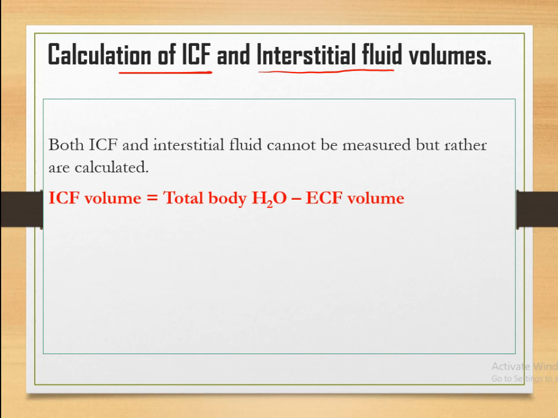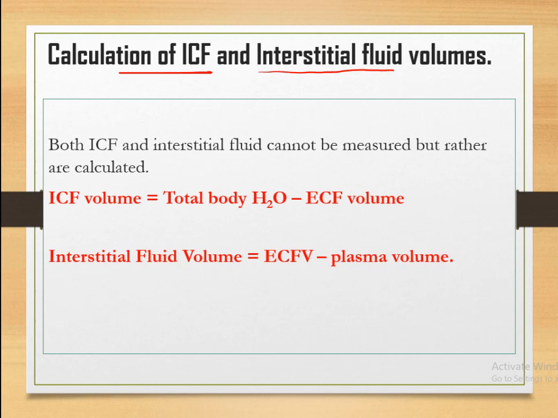When you talk of the interstitial fluid, since we have the plasma there, the only way to measure the interstitial fluid volume is by subtracting the plasma volume from the extracellular fluid volume.